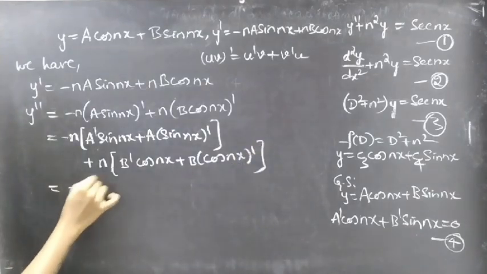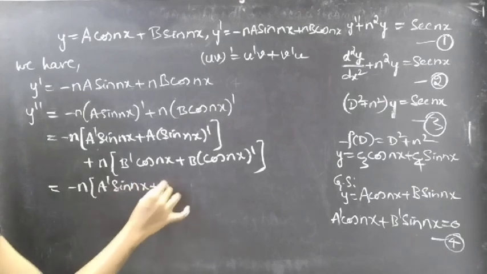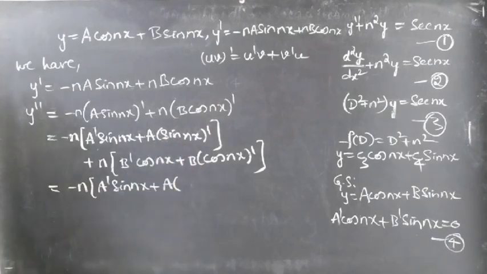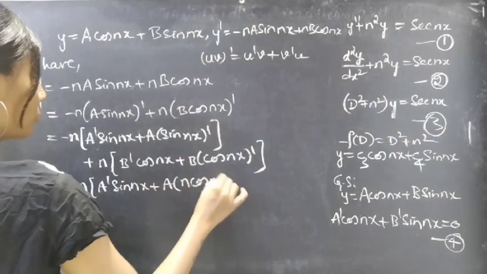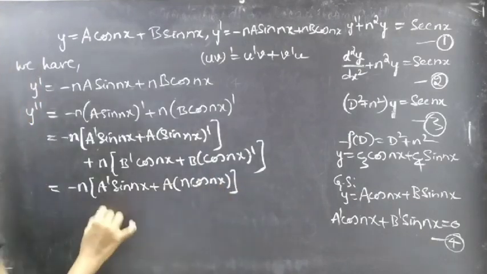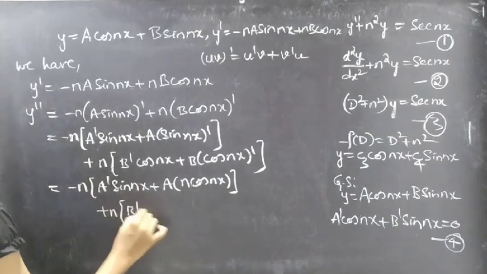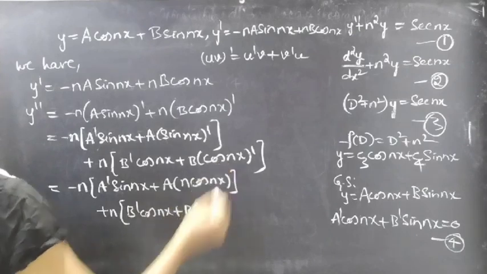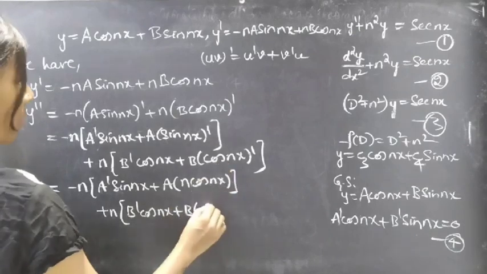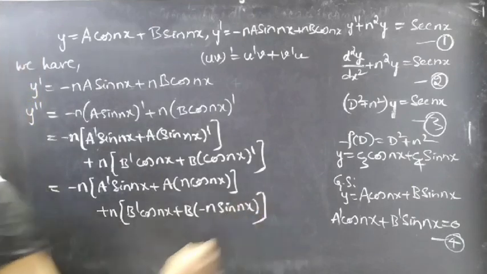This is equal to a dash sin nx plus a into the derivative of sin nx with respect to x, which is n cos nx, plus n into b dash cos nx plus b into the derivative of cos nx with respect to x, which is minus n sin nx, right?